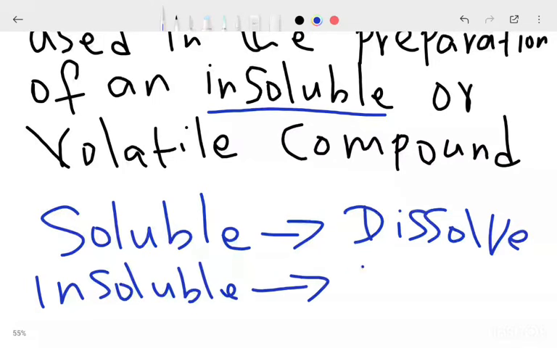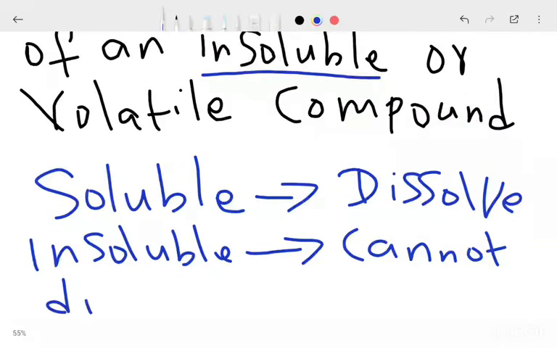Are you getting it? It cannot dissolve. Soluble means something that can be dissolved, while insoluble means something that cannot be dissolved. So if they ask you for examples of soluble substances in water, you can mention something that can dissolve in water.